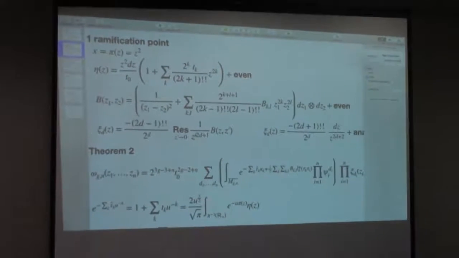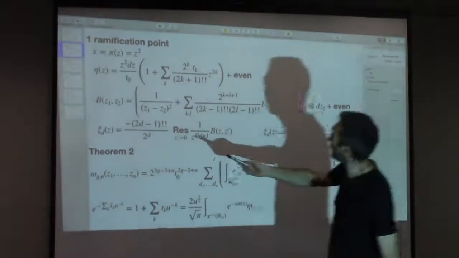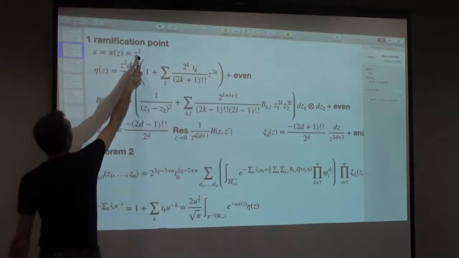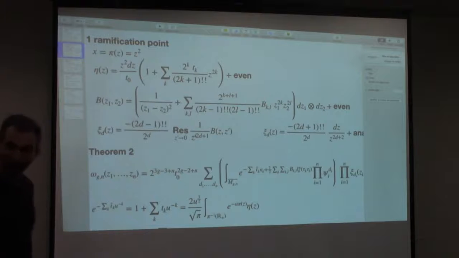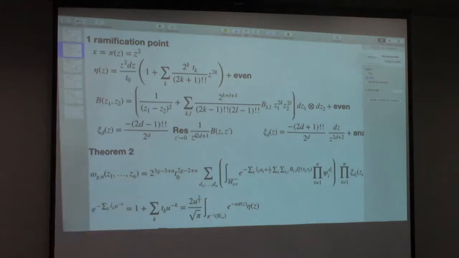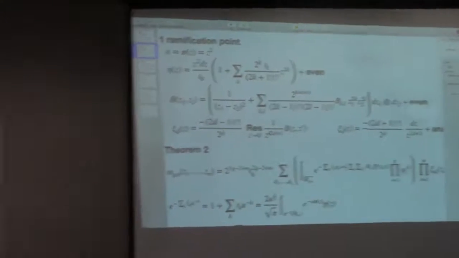But this is not true, because here I was using the local coordinate that was square root of x. Now I'm not using the coordinate square root of x anymore, I'm using another coordinate. So the z that I write here is not the square root of x. So you have to make a kind of change of variable.